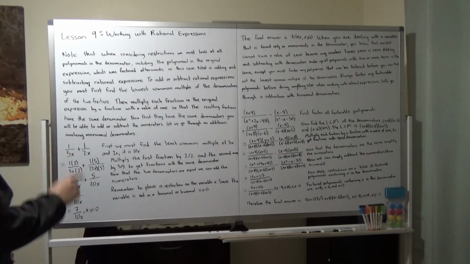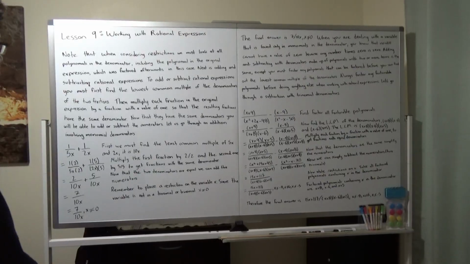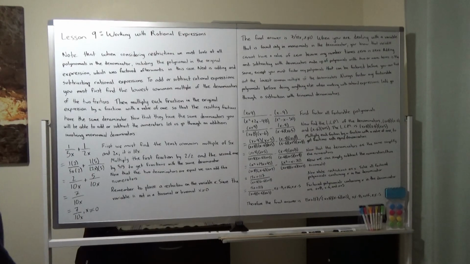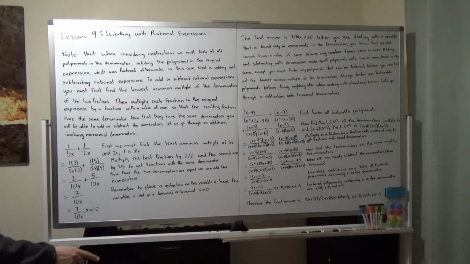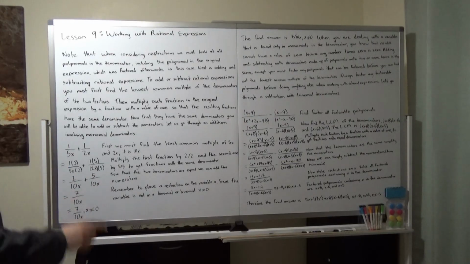Next is adding and subtracting rational expressions. To add or subtract rational expressions, the first step is to find the lowest common multiple of the denominators of the two fractions.